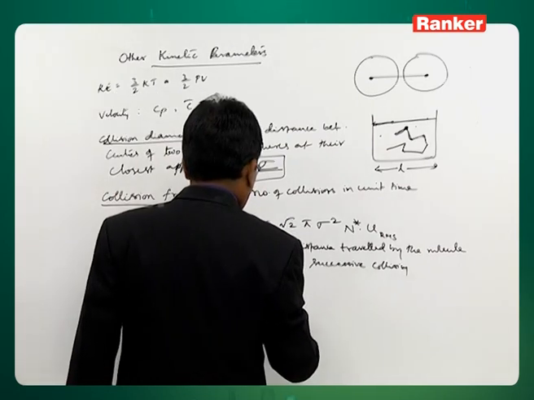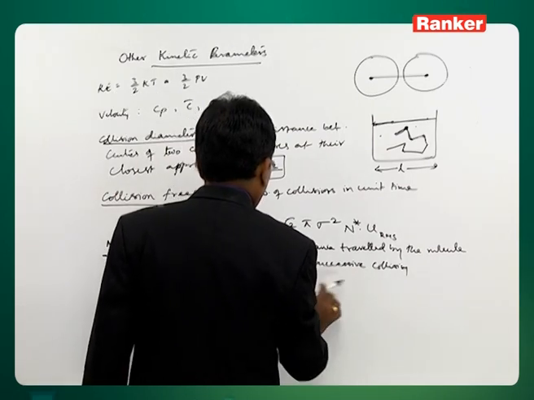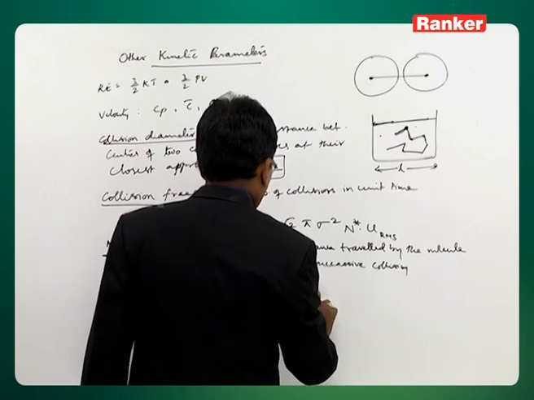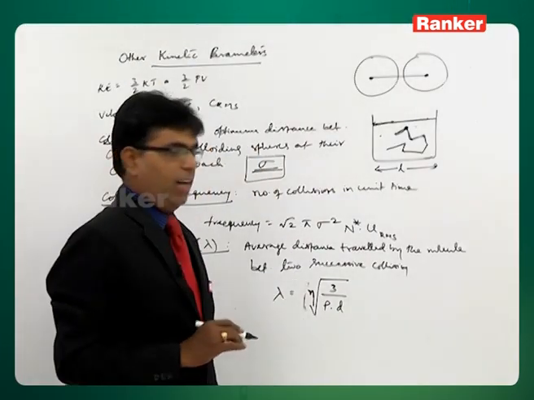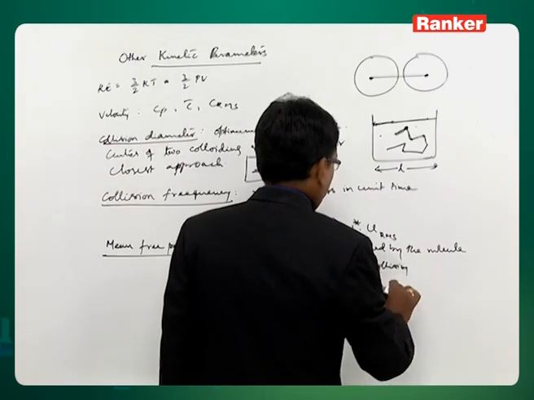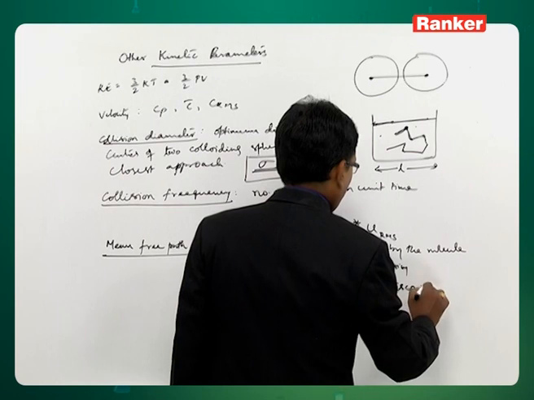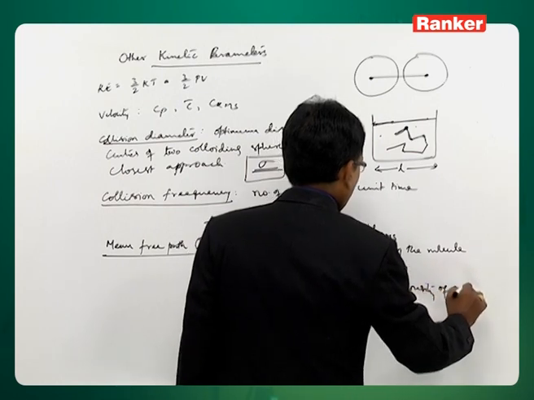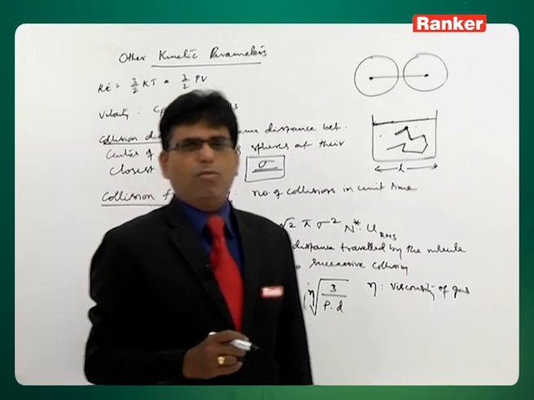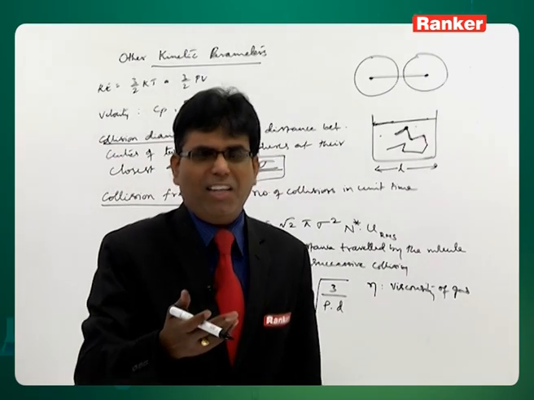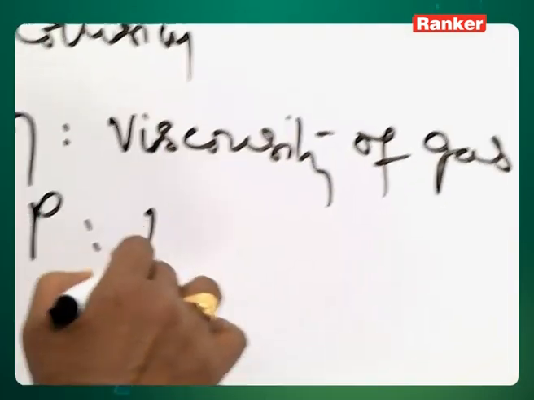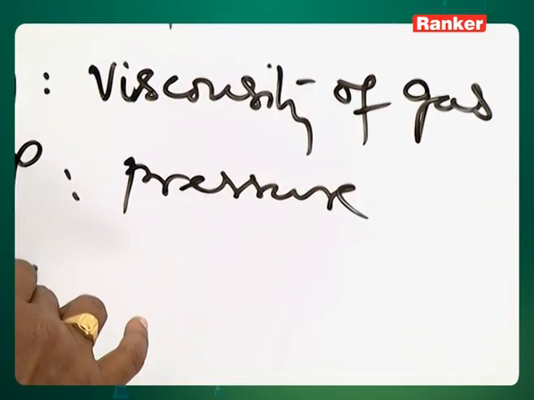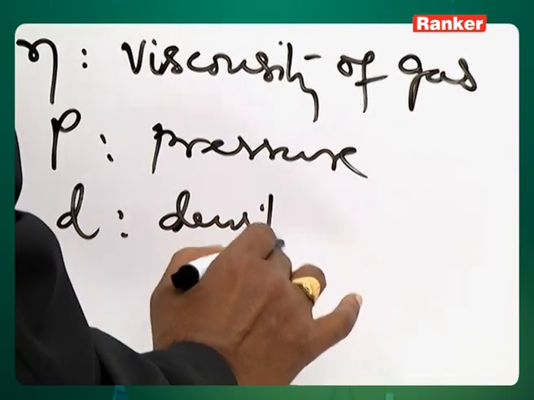And this mean free path lambda will be given as eta root 3 by PD, where eta is the viscosity of the gas. Obviously, how thick the gas is and what the intermolecular force is matters for the path travelled, and of course P is the pressure and D is the density.